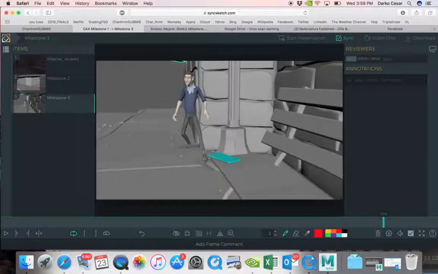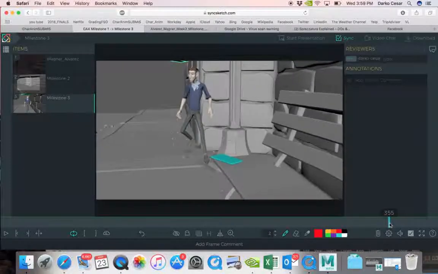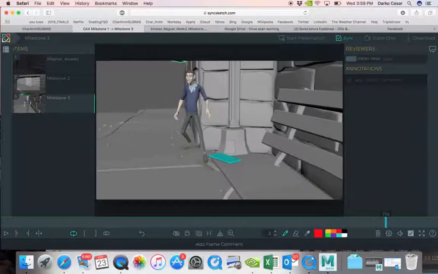Contacts are always with a heel down, unless he is doing something special. You might say that he is doing something special here as sneaking, but I just don't buy it because there are so many wrong things with it. You cannot lift this foot if the whole weight of this character is over that supporting leg.